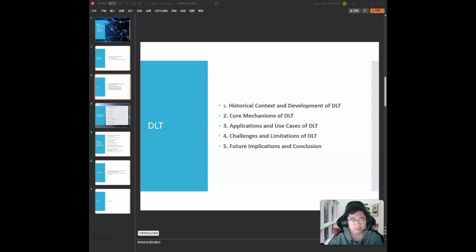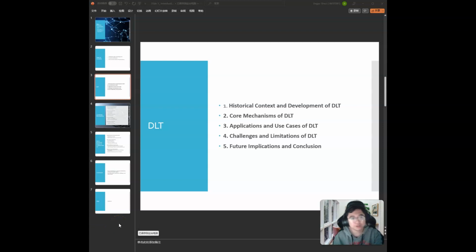Bitcoin, for instance, faces criticism for its energy-intensive proof of work consensus mechanism and limited transaction throughput. The adoption of DLT faces hurdles in technological complexity, lack of regulatory clarity, and incidents like the DAO hack, which exposes vulnerability in smart contracts, highlighting the potential security and financial risks involved.